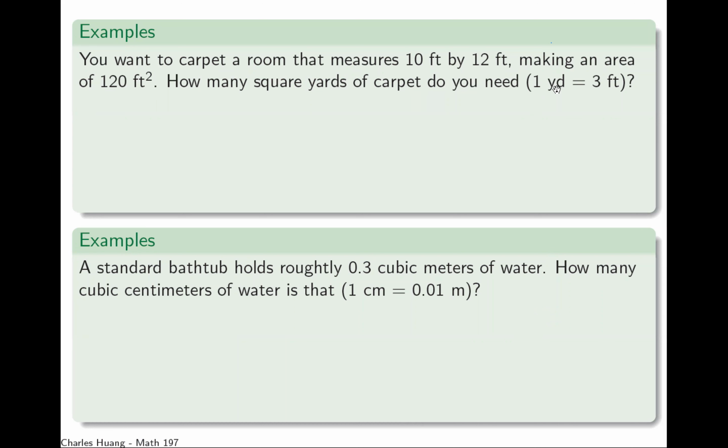You notice the conversion factor doesn't have square feet inside. So we have to do an extra step to find out what the conversion factor is for square yard and square feet. So the first step would be to do what we just did on the last page.